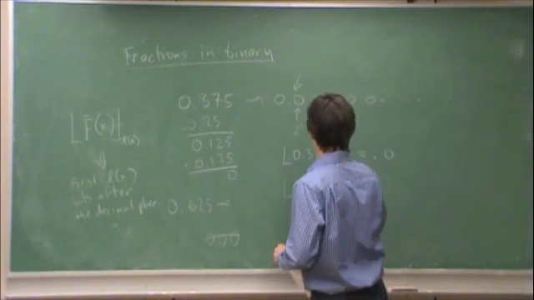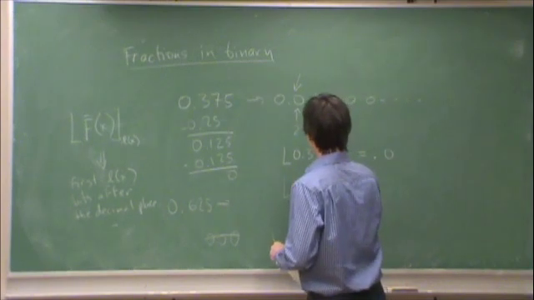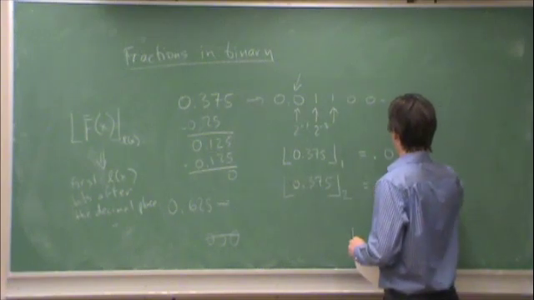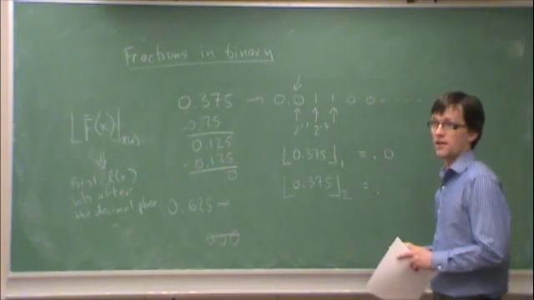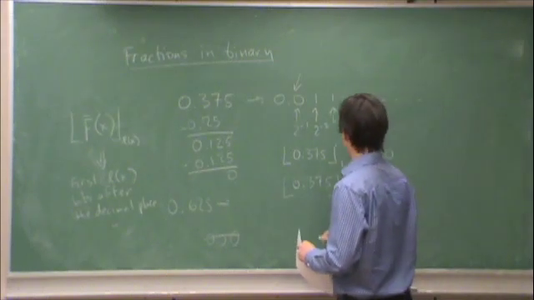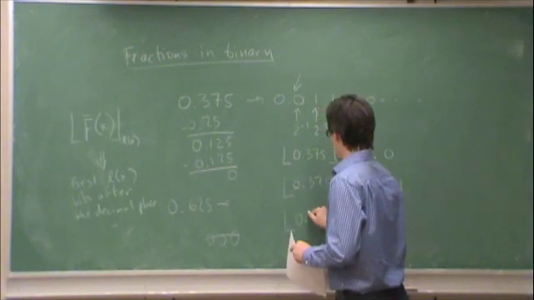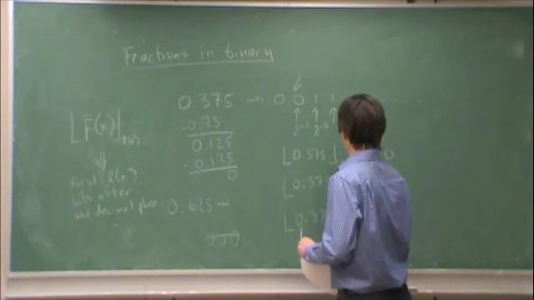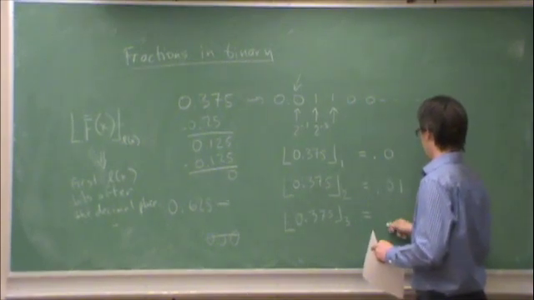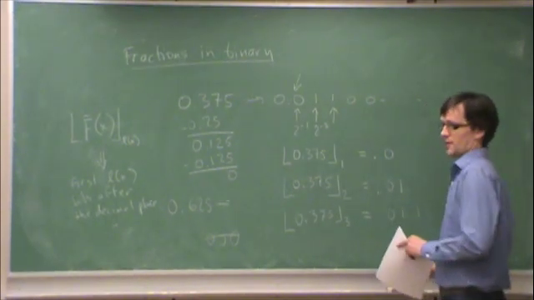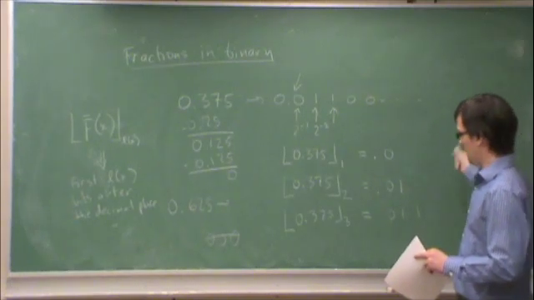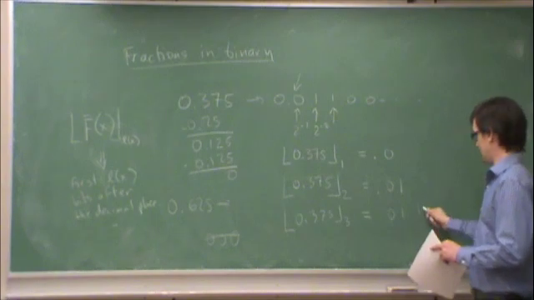If I take 0.375 sub 2, then I get what? 0.01. So I just drop everything else. Floor of 0.375 sub 3 is 0.011, and so on, because all of the trailing digits are zeros. You just append zeros to them.